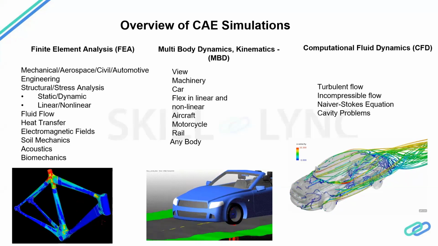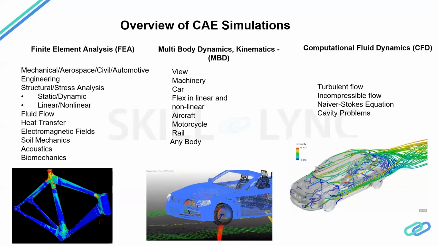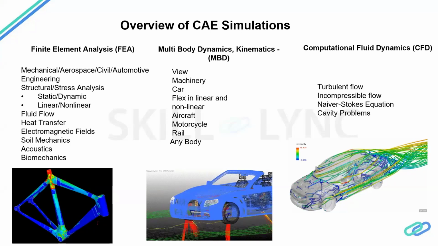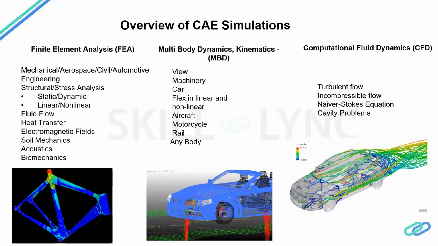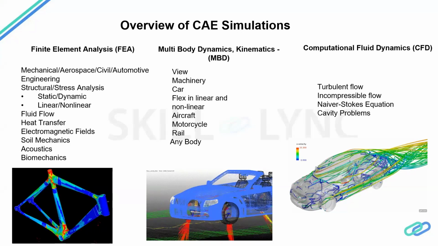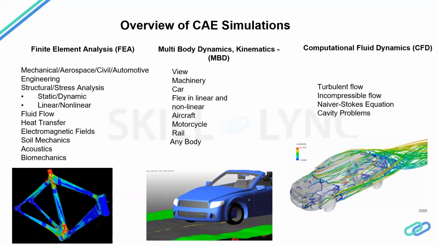You have motorcycle, which deals with two-wheelers. And you have biomechanics, as to how a given joint is replaced, and if it is replaced, is it performing properly or not? So all of this is dealt with in multi-body dynamics.